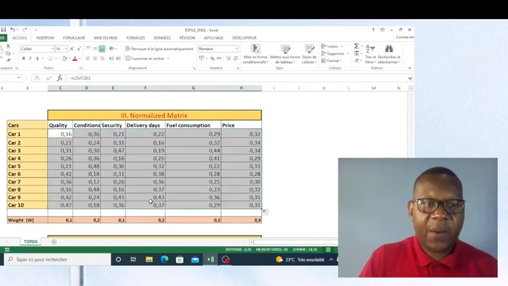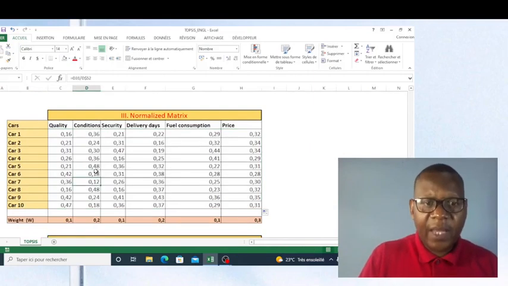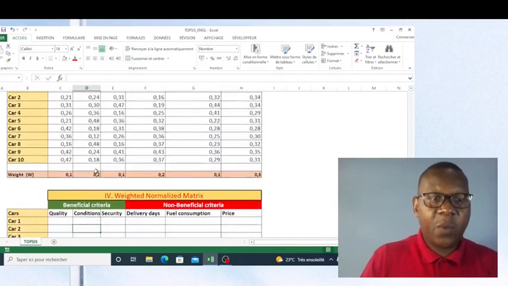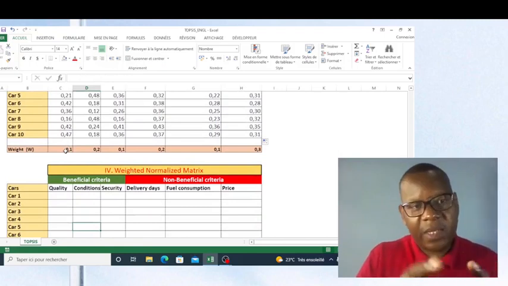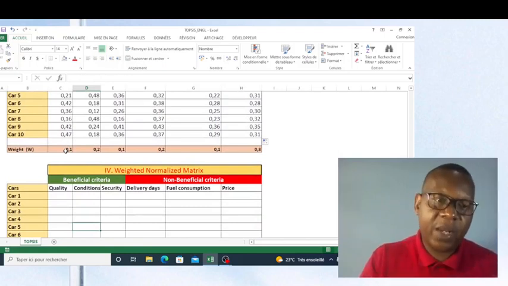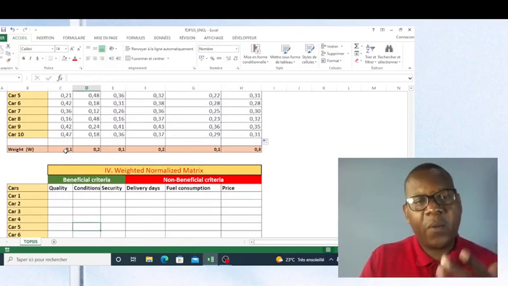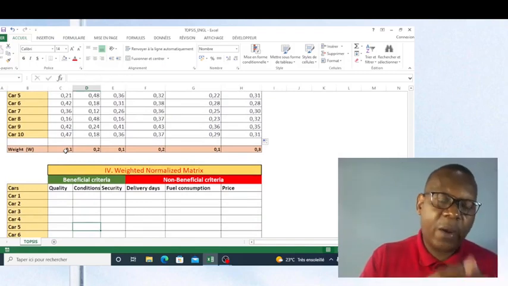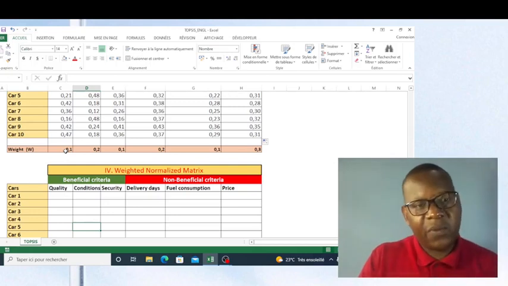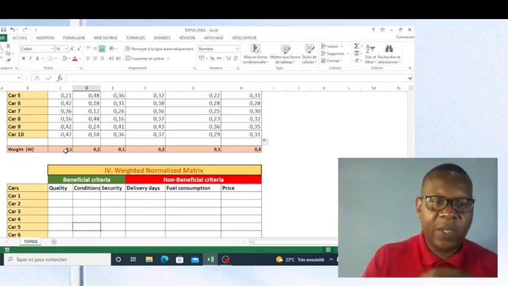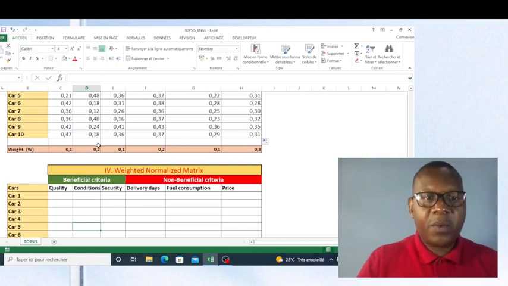Now this is our normalized decision matrix. Remember, I have said that the weight for each criterion has been given with our decision matrix, but you can calculate the weights yourself if they are not given, using an objective method, a subjective method, or an integrated method. The next step is to calculate the weighted normalized matrix.